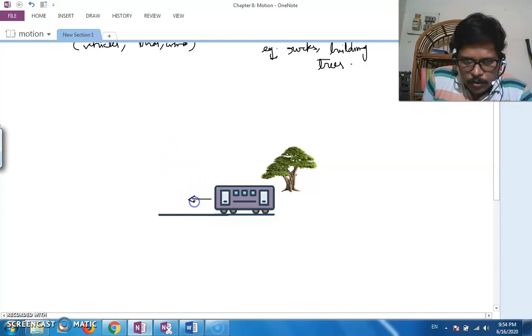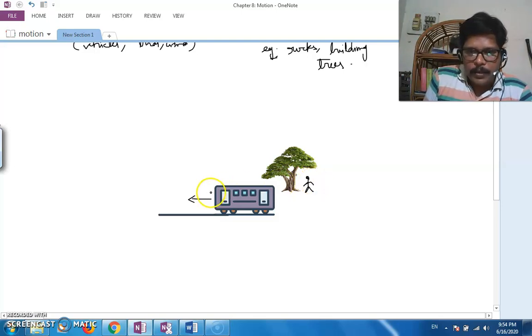This should be the direction of motion. The rest of the train is not there in this picture, and it is moving in this direction. Outside we see many trees and greenery, a large number of fields. I have taken one man standing under the tree outside, and the train is moving in this direction. You are sitting somewhere inside the train near the window.